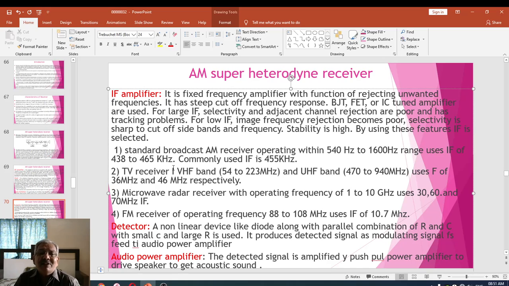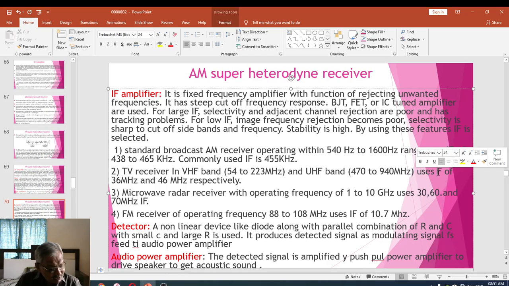For a television receiver, the VHF band having the frequency range 55 MHz to 223 MHz and the UHF band 470 MHz to 940 MHz use an IF of 36 MHz and 46 MHz respectively.